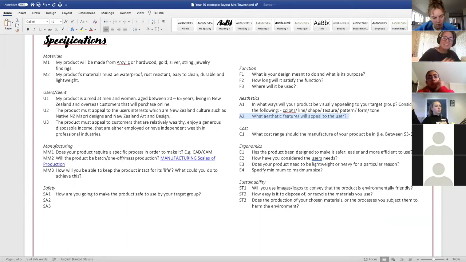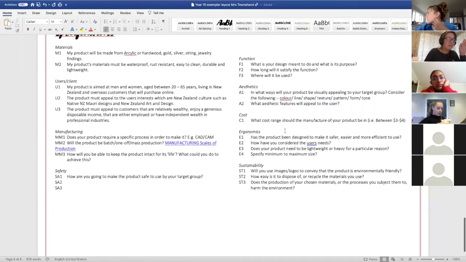You might already have a good idea of the aesthetic that you're going for. So you might already say it will use Māori koru designs, or I am focusing on the beautiful New Zealand Alps, which I'm pretty sure somebody is, because that was a really good idea.